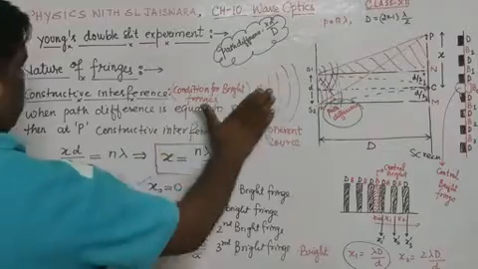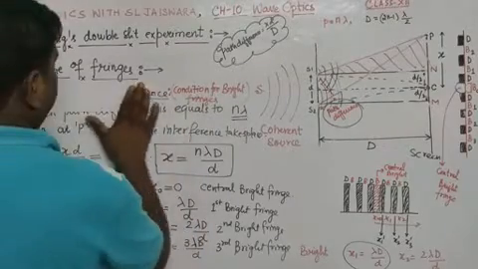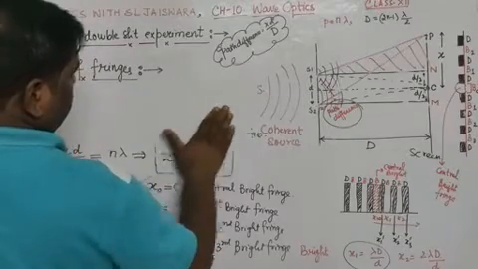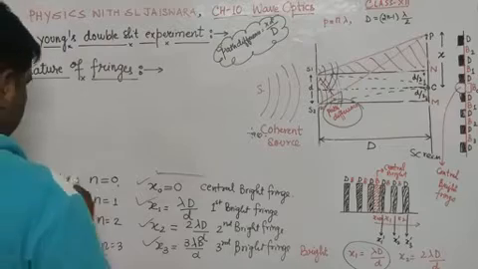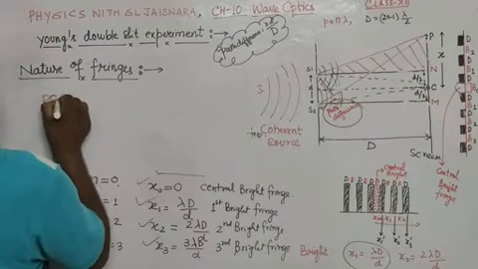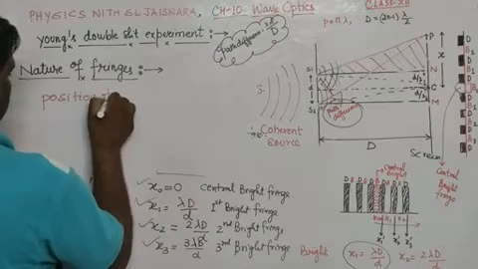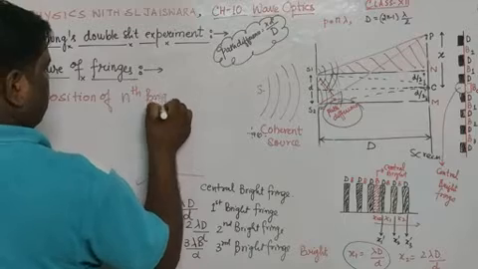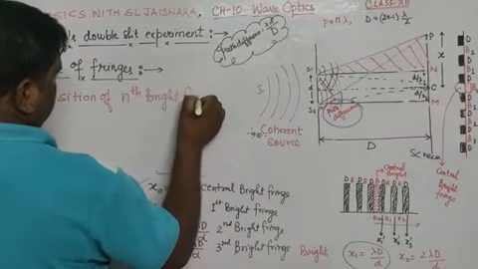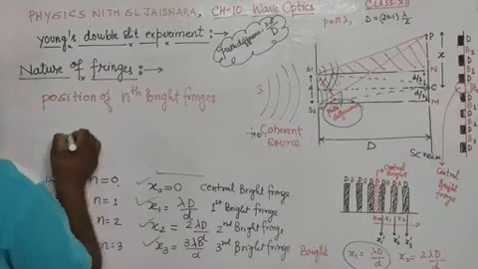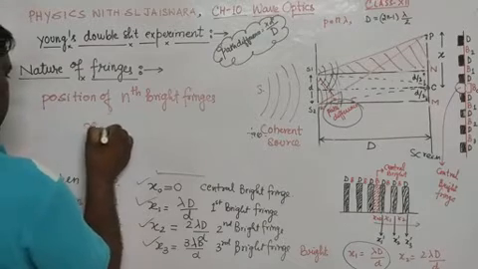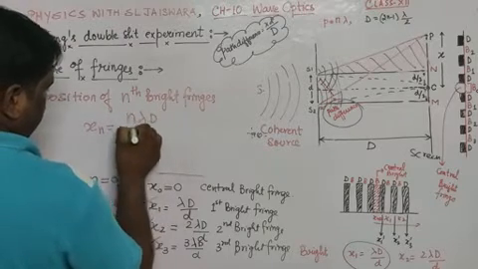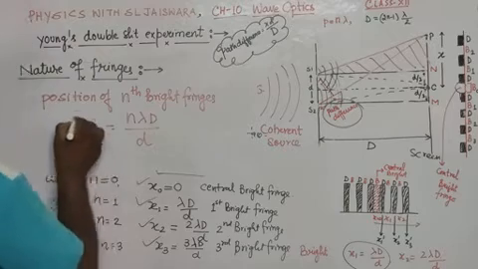So let us write down here the position of nth bright fringe, and that is xn equals n lambda capital D divided by small d.